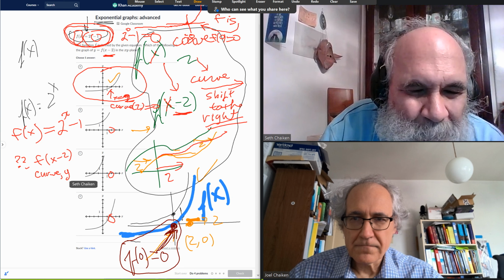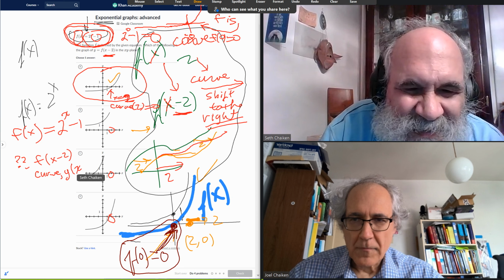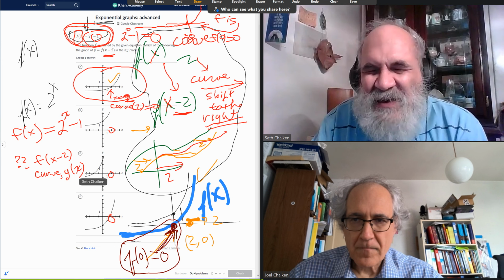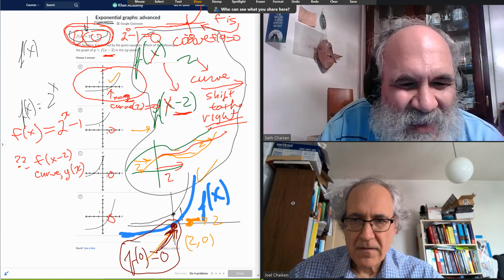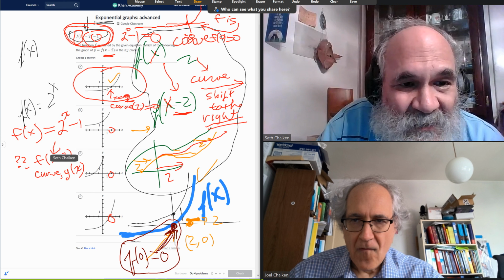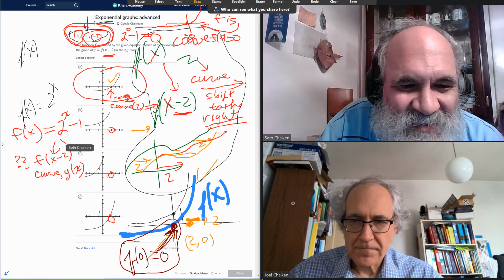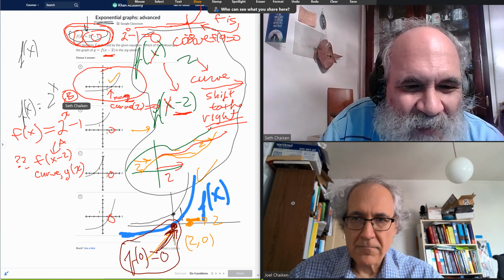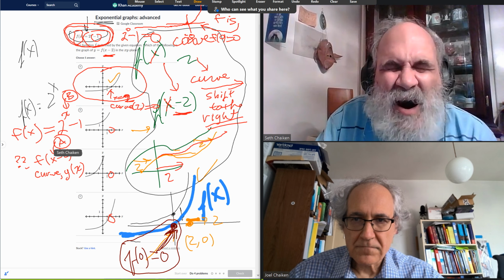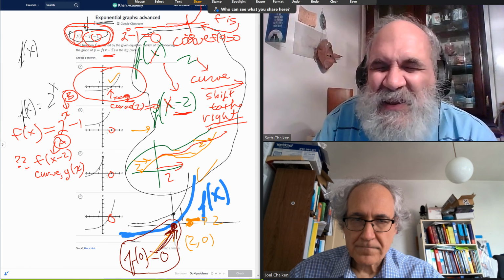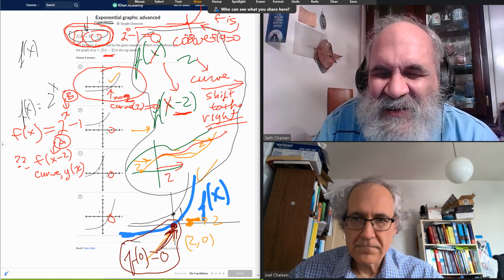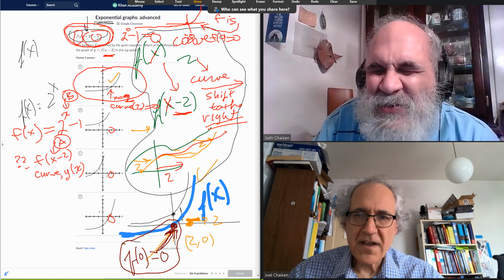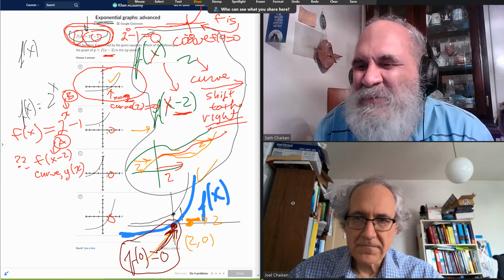Okay, here's the big issue. The x here, this is the first x, and the x here, they are completely different symbols. They are used for completely different applications.